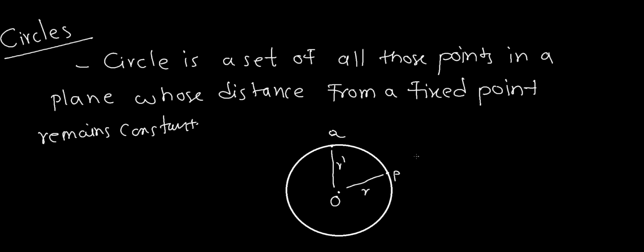So you can choose any point on the circle, and the distance from this point to the center remains the same, that is what forms the circle.